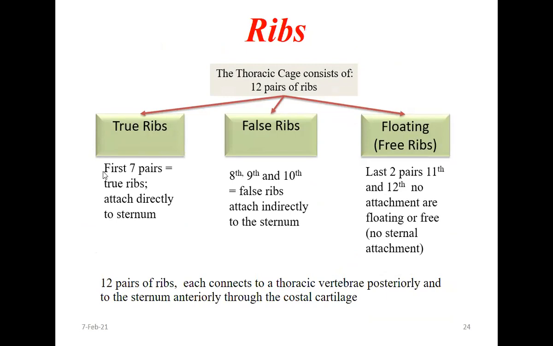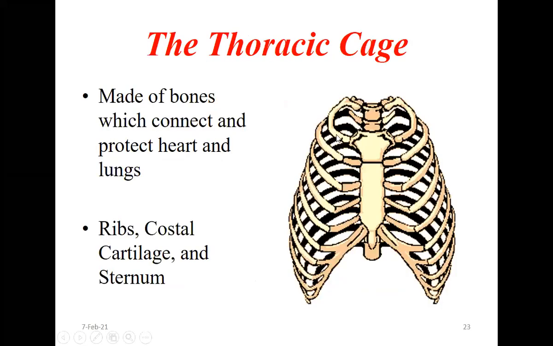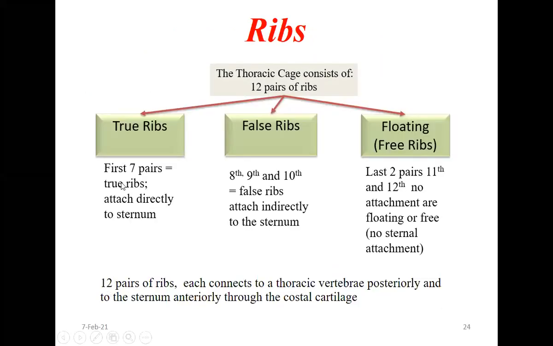The first seven pairs of ribs are called true ribs. Which are the first seven? Let me show you. If you start counting from above, this is the first rib, second, third, fourth, fifth, sixth, seven. Up to here, these are called true ribs, on both sides. So seven pairs, right seven, left seven. Why are they called true ribs?